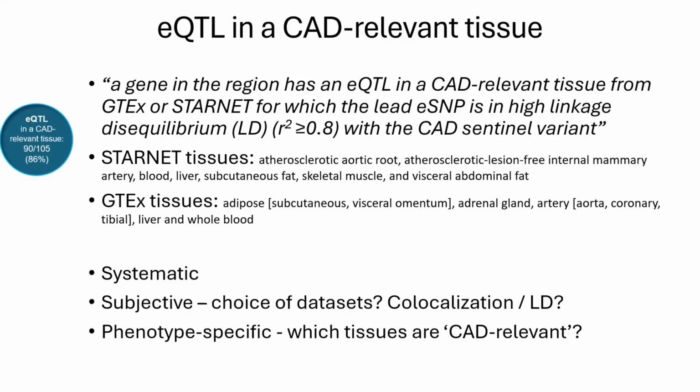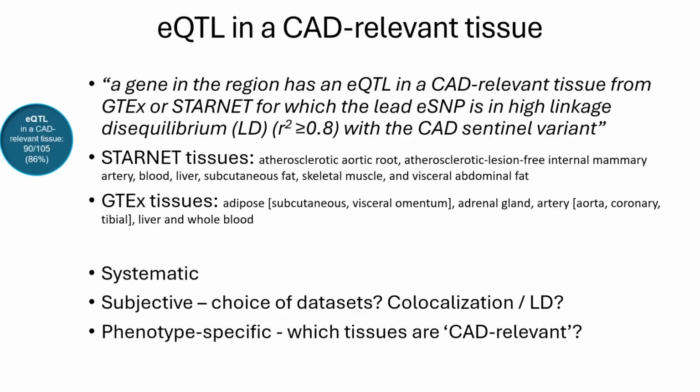eQTL we thought was useful, but only in a restricted sense. A bit like Cassie described earlier, we restricted to sets of tissues that we thought were most relevant. This is tricky to do with something like GTEx, where there's a very broad range of tissues, but we also included a data set called STARNET, which is patients with coronary artery disease who only have a very specific set of tissues.